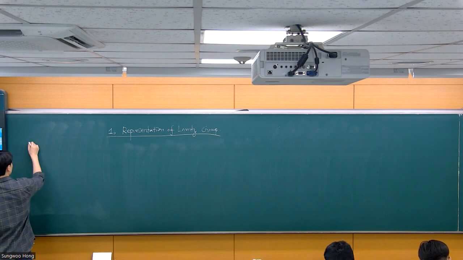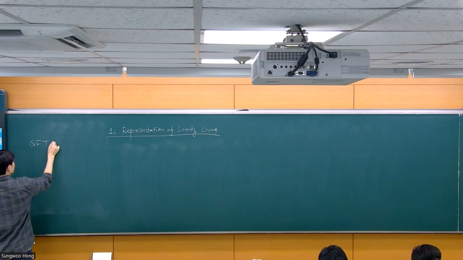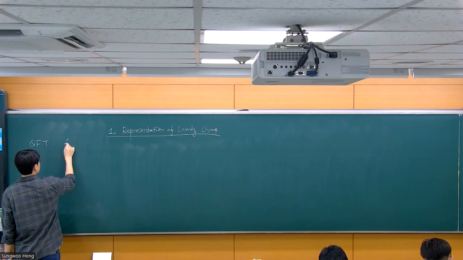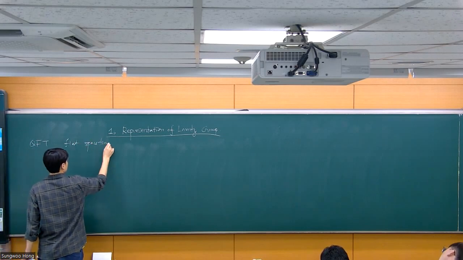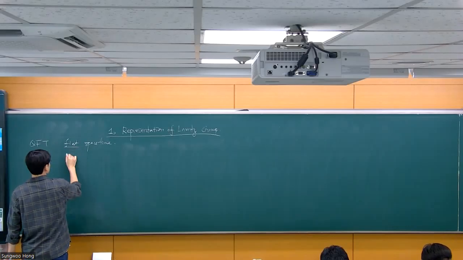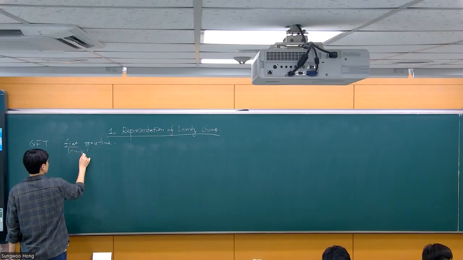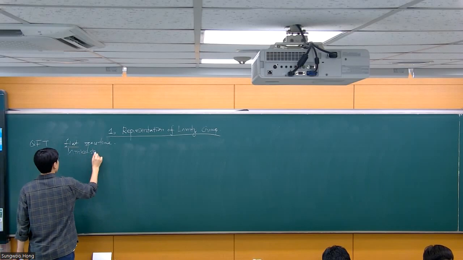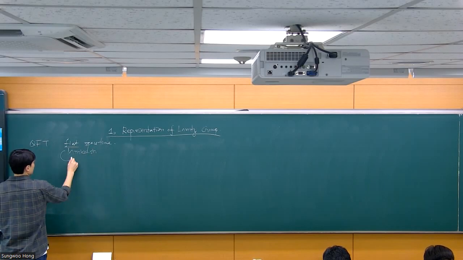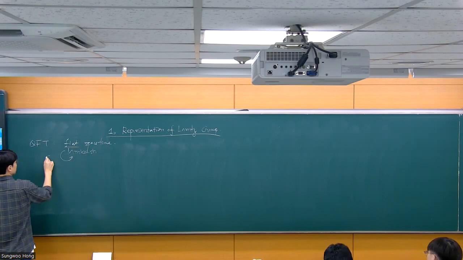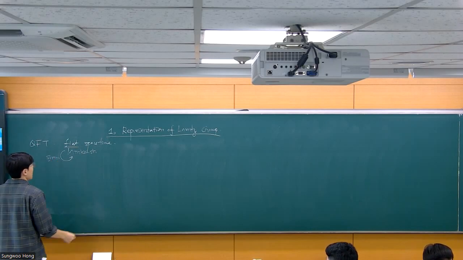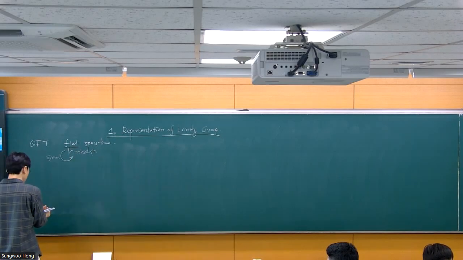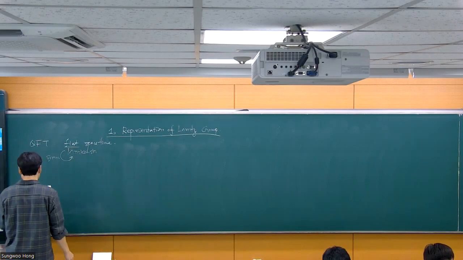Okay. So QFT is based on physics on flat space and time, and that flat spacetime is known as Minkowski space. There is a certain symmetry transformation acting on this flat Minkowski space, and that is known as Lorentz symmetry, or more generally, Poincare symmetry.